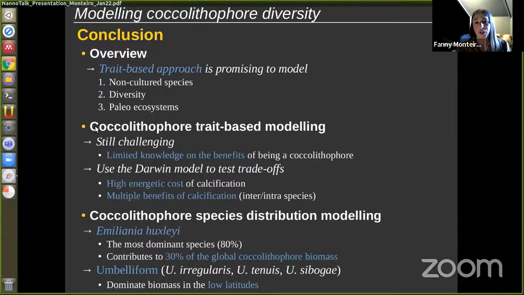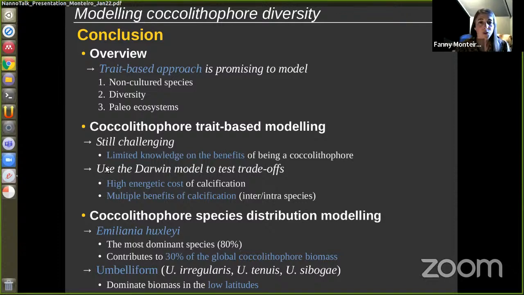And then I showed you the application of this approach for coccolithophores. As you saw, it's still a challenging task, and the main reason is that we have limited knowledge on the benefit of being a coccolithophore, but also on what are the main groups of coccolithophores we need to include to represent diversity.